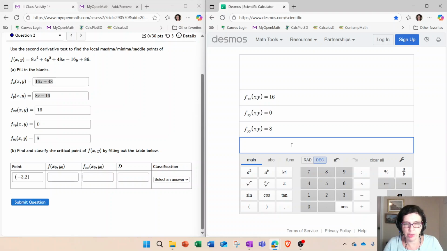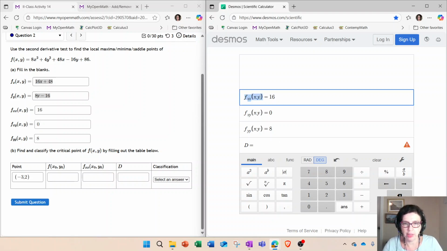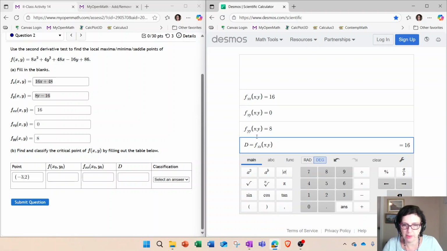Then I'm going to compute something called D. This D is going to determine what type of point you're going to get. So here's the formula for D. I don't think you're going to have to memorize it because I will include it, but at least use it multiple times so that you know how to use this result. So you're going to take fxx, and I'm just going to copy paste it because I don't want to type it again, and then multiply that by fyy.